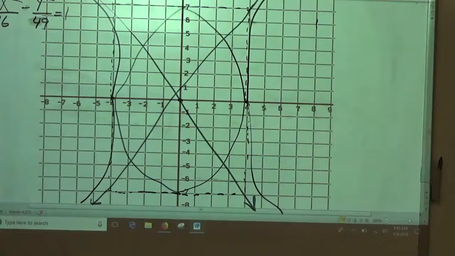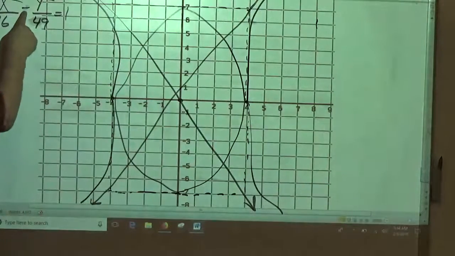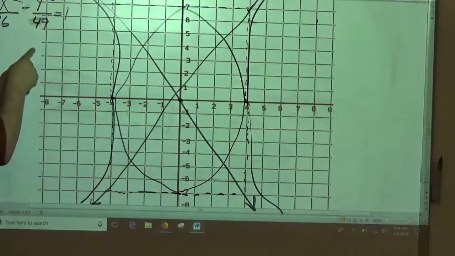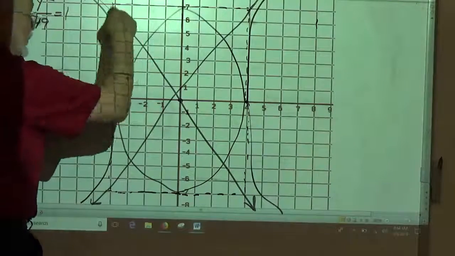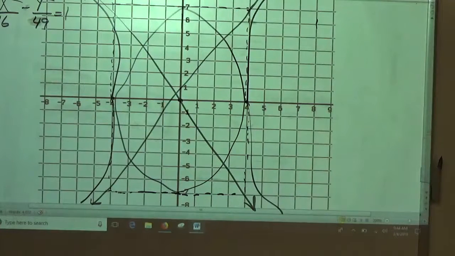So this becomes a hyperbola if this is negative. And if this is positive, you're using the same box, and you draw the ellipse inside.